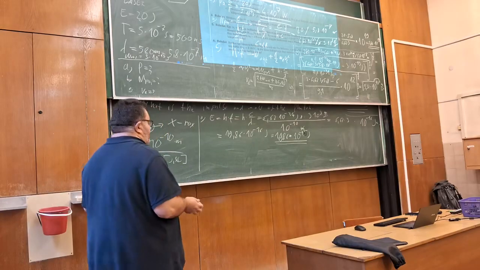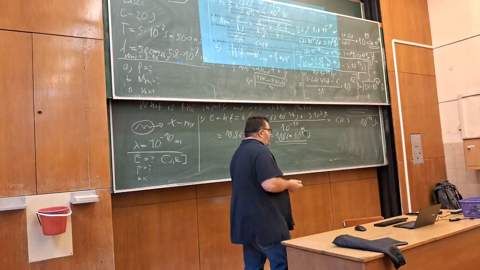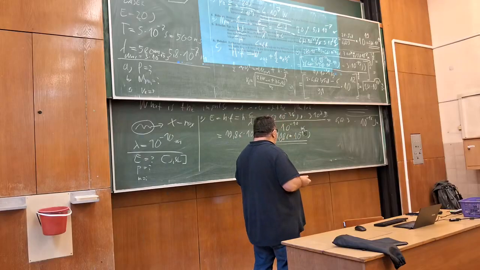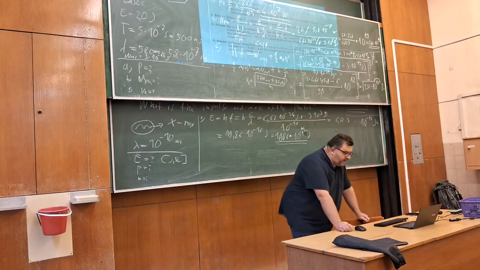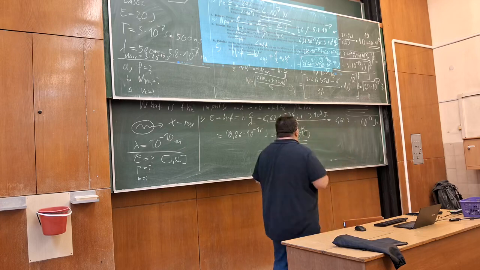What is the electronvolt? The electronvolt is the energy of one electron accelerated by 1 volt, and the charge of the electron is 1.6, if I remember well, 1.6 times 10 over minus 19.